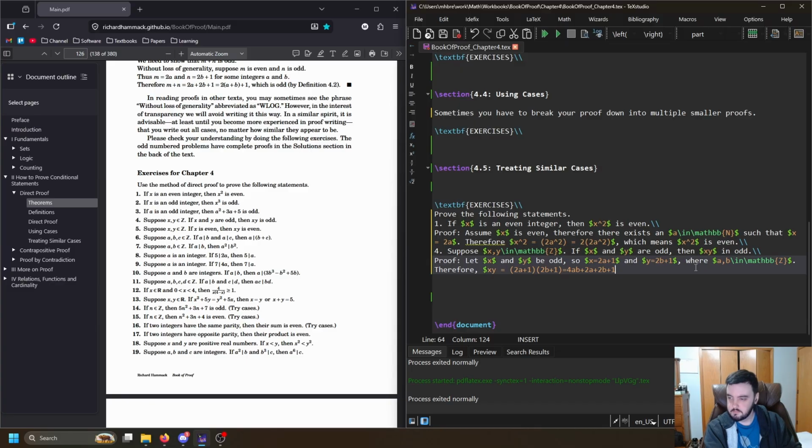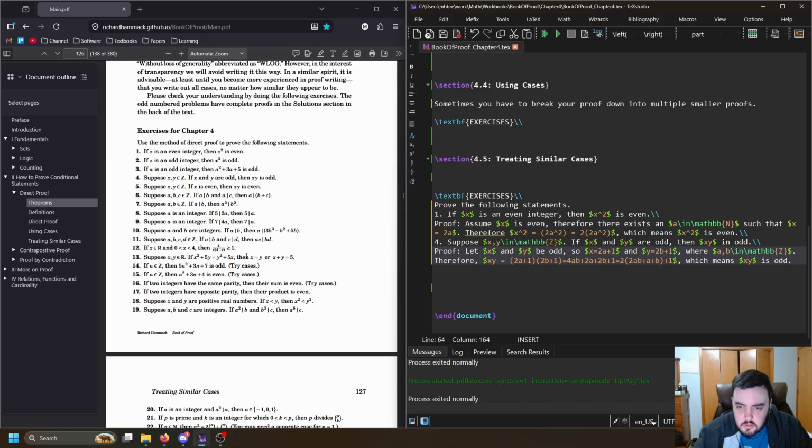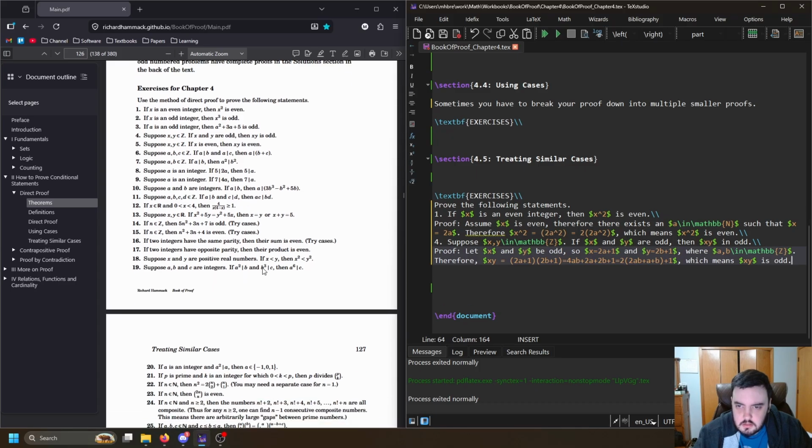Yep, that's right. Which is equal to 2 times (2ab plus a plus b) plus 1, which is of the form of an odd number, which means xy is odd.